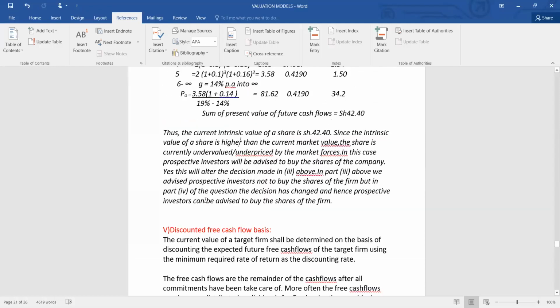Why am I saying yes? No. Because you have used that 7. So here we can say no. Yeah, we'll use the previous one. This will not alter. So you need to change in the document that you have. This will not alter the decision in 3 above.